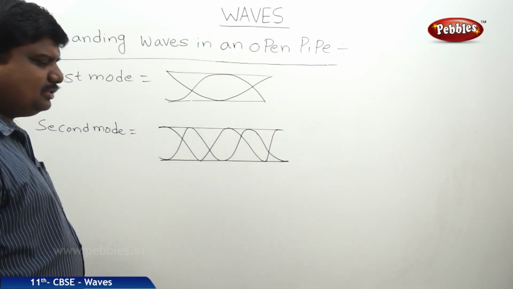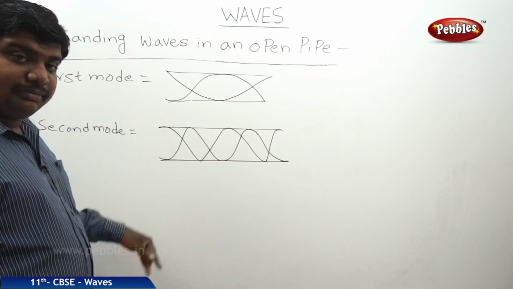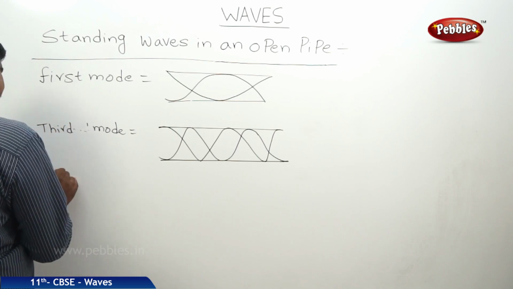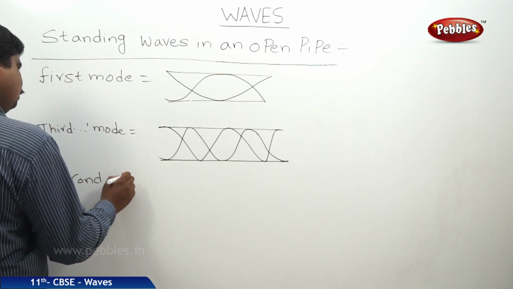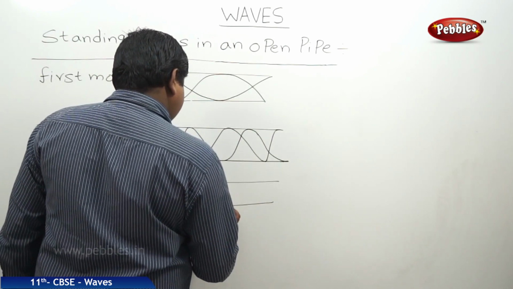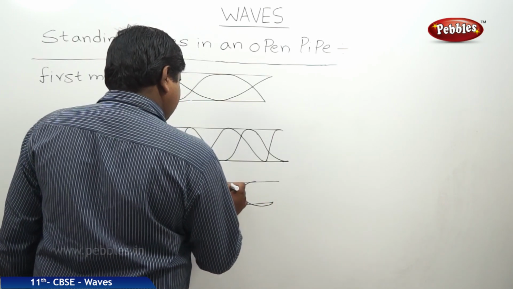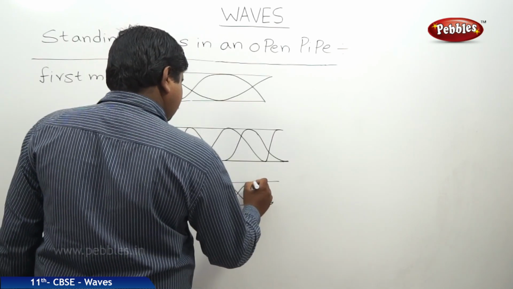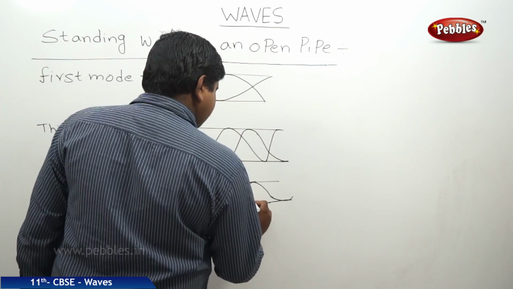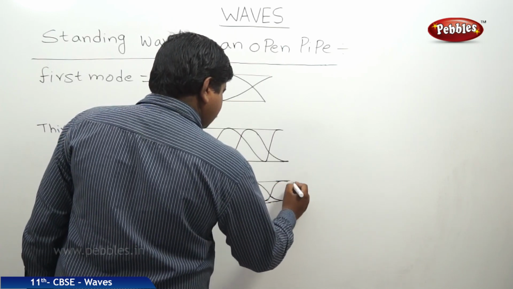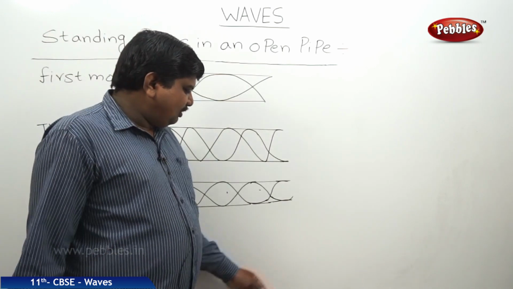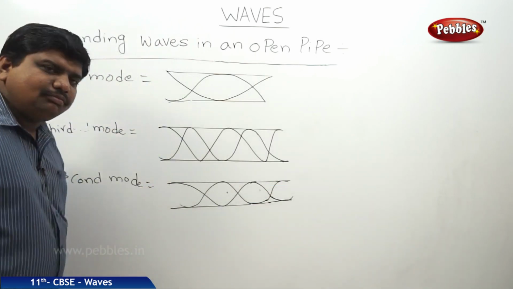If it is creating 3 loops which are inside, which is closed, that is said to be the third mode. So we can write this one as the third mode. That means the number of loops increases with the mode of vibration.